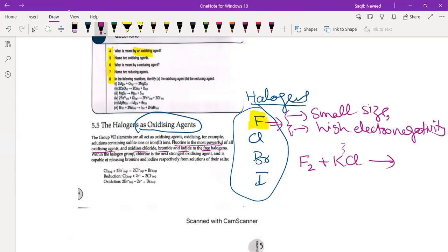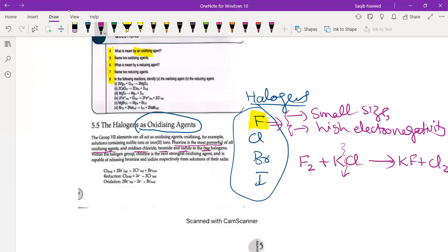It is going to break the bond of KCl, and then you would have KF plus Cl2. Fluorine broke the bond of the chlorine compound and made its own bond.